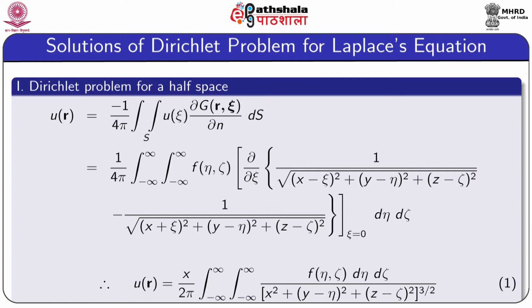So, after simplification the expression for u becomes u equals x by 2 pi double integration f eta zeta by x square plus y minus eta square plus z minus zeta square whole to the power 3 by 2, which is given by equation number 1. Thus, we can obtain the solution of Laplace equation in half space using the concept of Green's function.